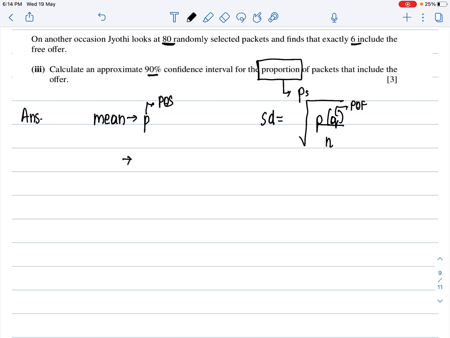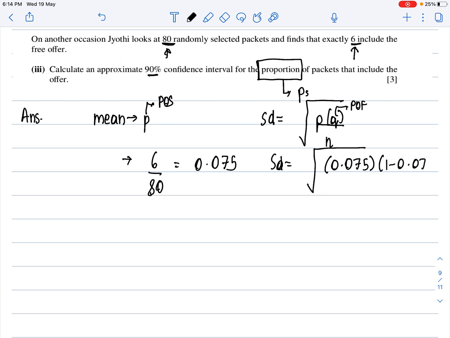I got 6 out of 80 here. So 6 over 80 gives me 0.075. Now for my standard deviation, I can simply do the square root of 0.075 into 1 minus 0.075 over n.